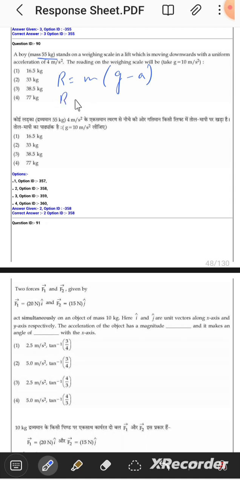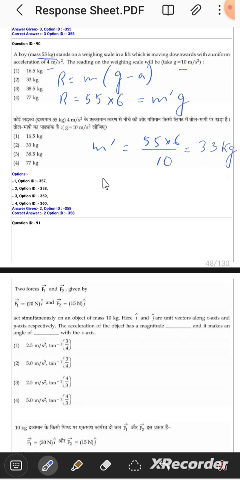So R equals m is 55 and g minus a, that is 10 minus 4, 6, which will generate the new normal reaction m dash into g. Under these circumstances, m dash equals 55 into 6 by 10, and the final outcome after calculation will be 33 kg.